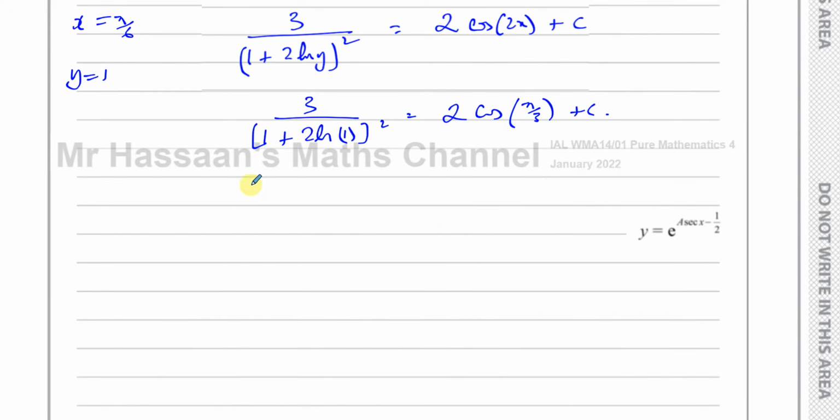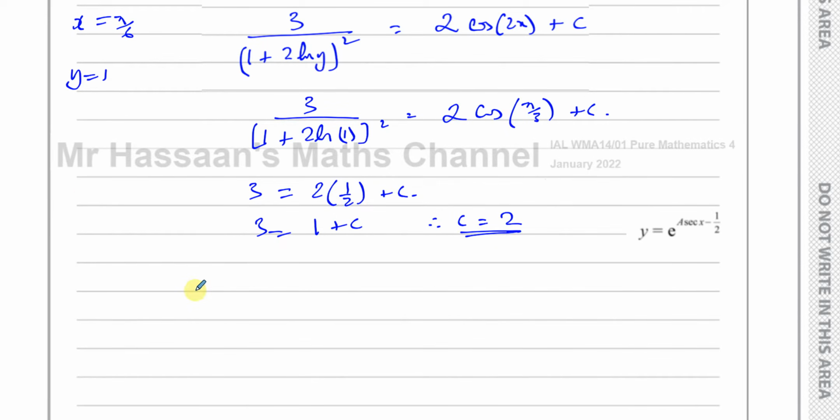We have 3 over 1 plus 2 times 0, so that's 1 squared, which is 1, so that's 3. And we have 2 times cosine pi over 3. Cosine of pi over 3 is like the cosine of 60, which is a half. So that's 2 times a half plus c. So 3 equals 1 plus c, therefore c is equal to 3 minus 1, which is 2.